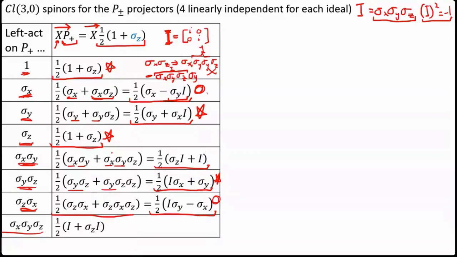I think they differ by a factor of I. So you can get that by multiplying by big I, the trivector. And then here we get the same element as right here. So the 8-dimensional space kind of gets projected down to a 4-dimensional space because we get repeated results.